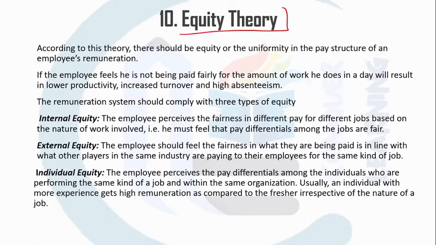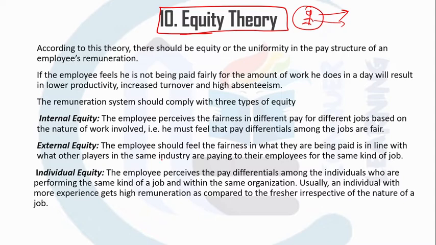Next is your equity theory. Equity theory says that when an individual gets a job, or is looking for a job, or is working in any organization, he tries to justify himself. He tries to balance himself in three types of equity.